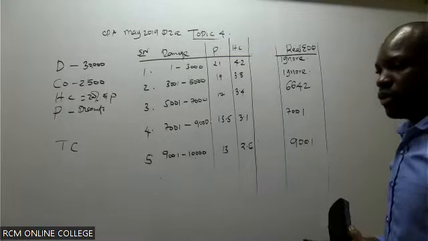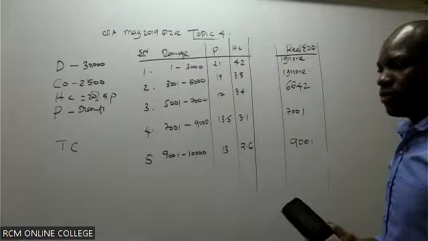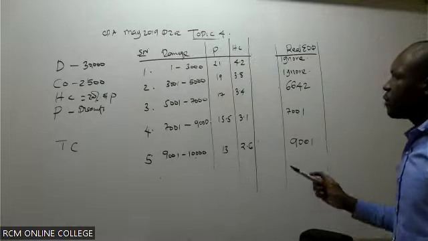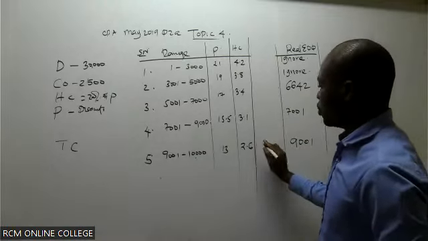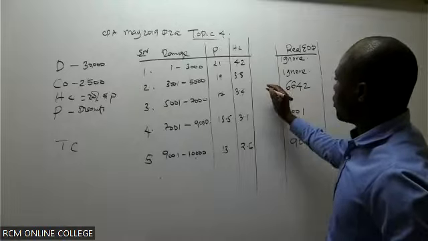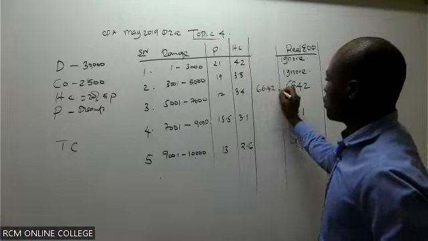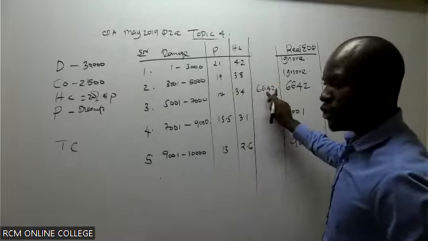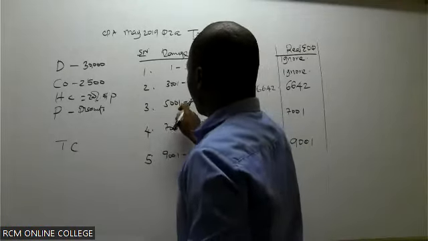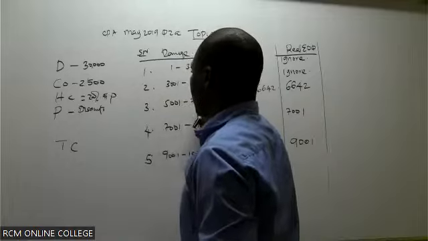Can you pick any amount between this one and this one in the exam? In the exam, yes. Let's say our calculated economic order quantity, which I think we did here, look here carefully, we were having 6642. 6642 is within this range, between 5,001 and 7,000.